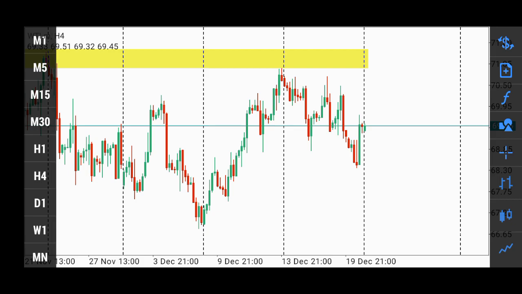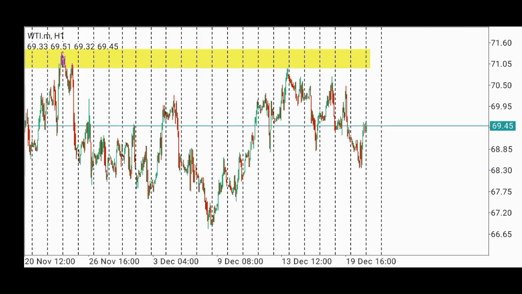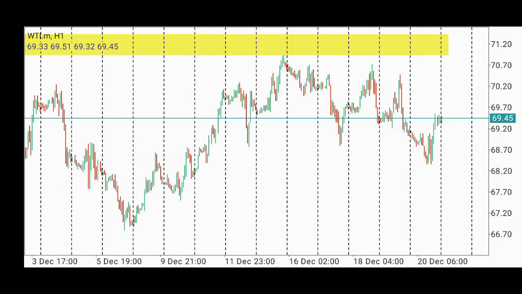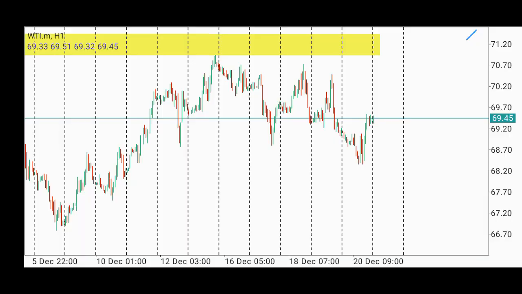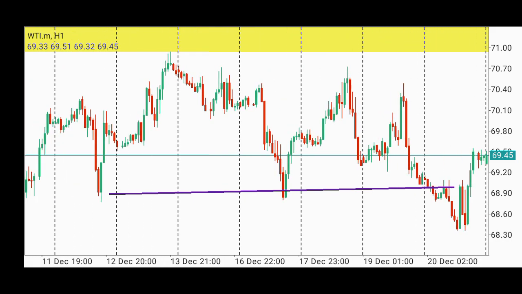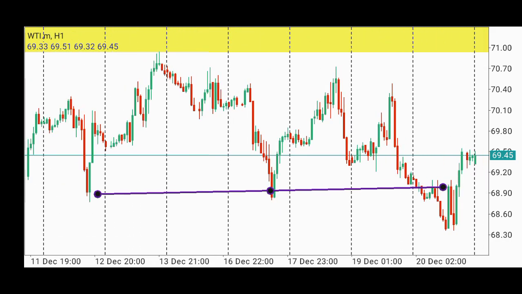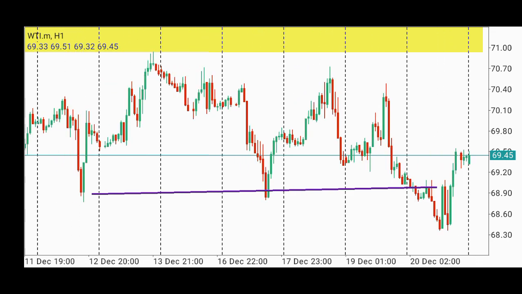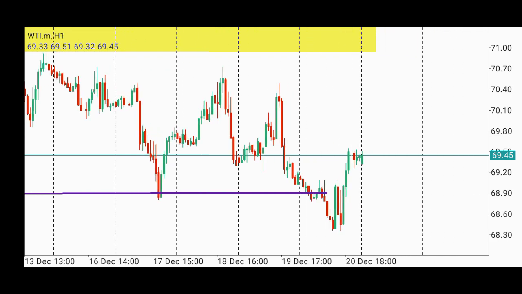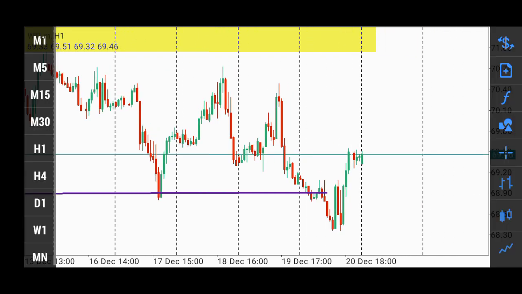There's something I'm looking at. You can see that structure many times. Look at what is happening: structure violated, and the supply that led to this violation of structure and a close below the structure. We are looking at this zone.